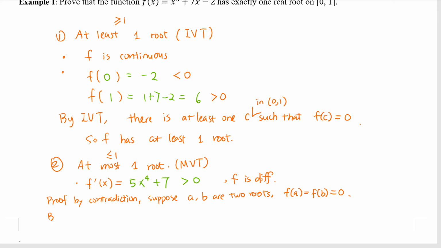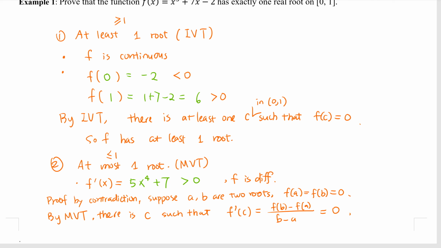Then by the mean value theorem, there exists a c such that f prime of c equals f of b minus f of a over b minus a, and because the numerator f of b equals f of a, this is equal to 0.